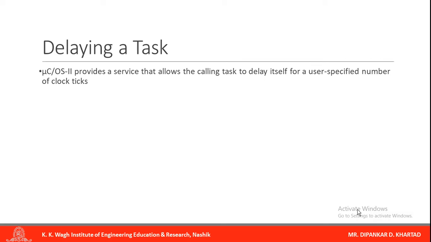There are two ways, and we will learn them one by one. Again, MuCOS 2 provides a service that allows the calling task to delay itself for a user specified number of clock ticks. This function is called OS time delay. Concentrate on the spelling: that is OSTimeDly.